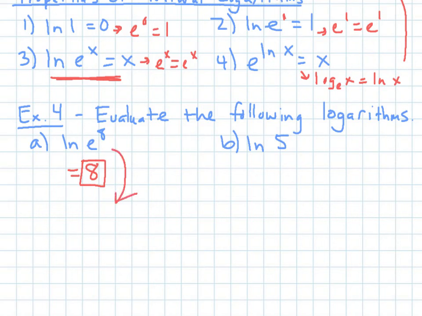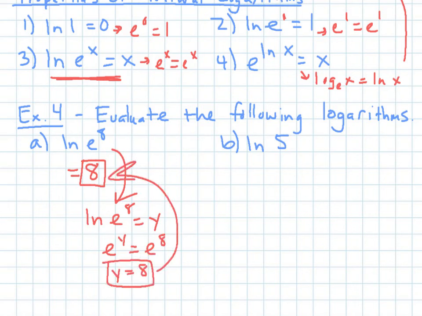If you didn't want to use that, you could use the switching and set it equal to a variable and then switch, so e to the y is equal to e to the 8, so that means that y is equal to 8 in that sense. So same answer, just a different way of thinking about it.